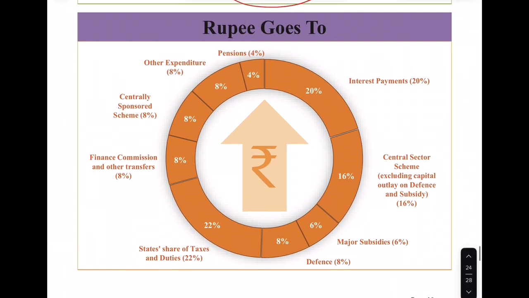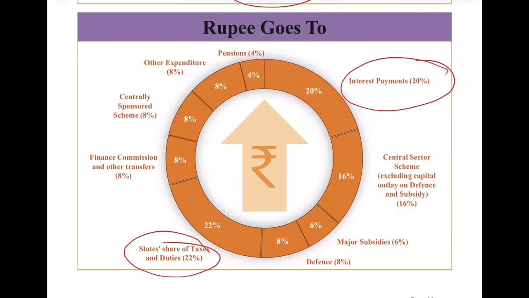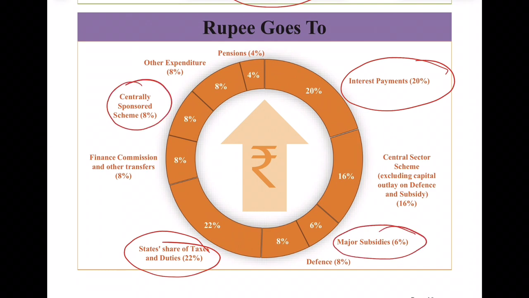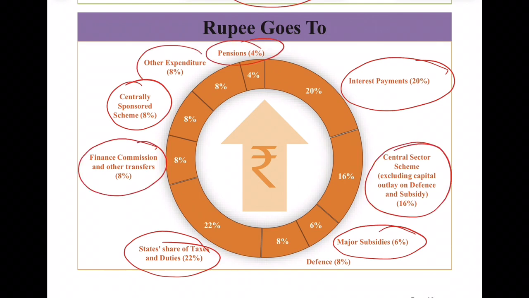Where it goes: again 22% to state share, interest payment 20%, major subsidies 6%, central sponsored scheme 8%, finance 8%, then central sector scheme 16%, pension 4%, and all that. So you have to understand these.